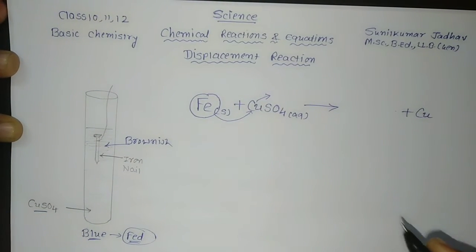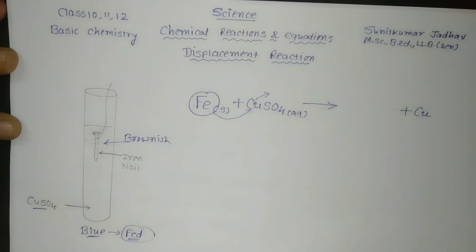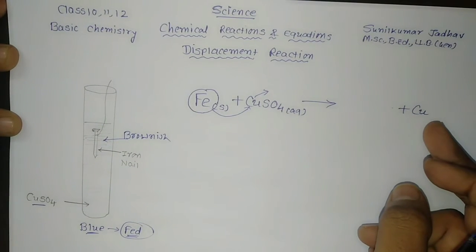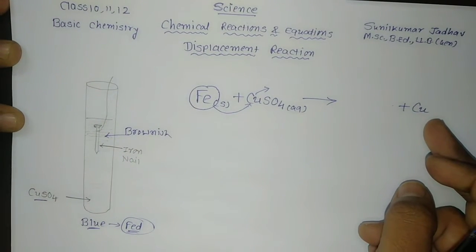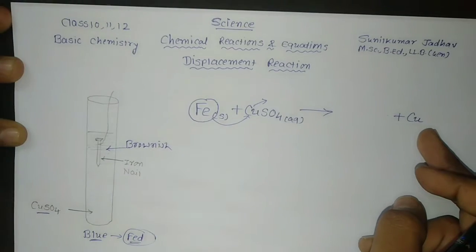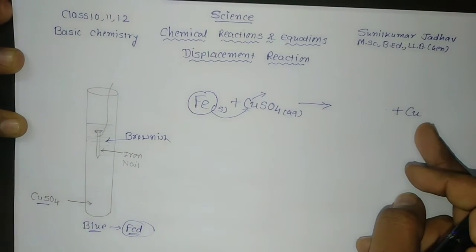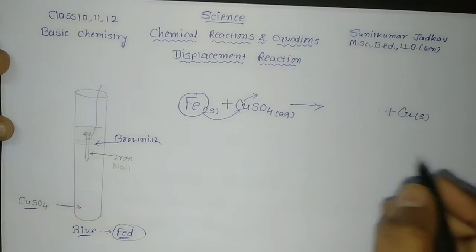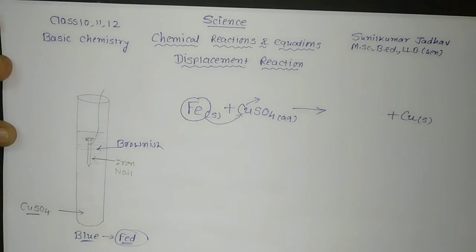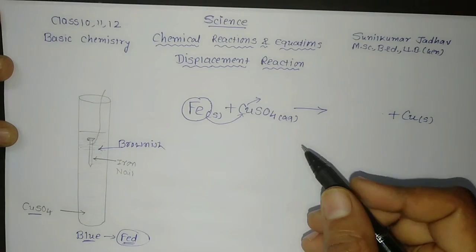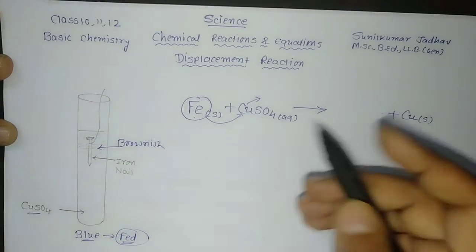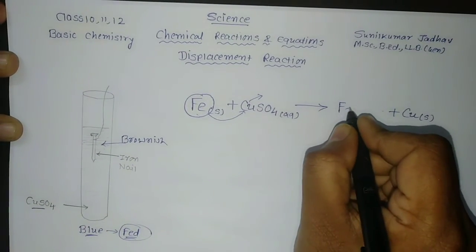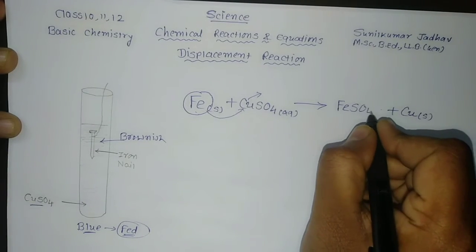It comes out and you can see the color of that on the nail, and hence the nail is brownish in color because the copper has been removed from the copper sulfate solution. This is removed in the form of solid, so it is deposited on the surface of the nail. And Fe takes place of it, so it will convert to FeSO4.